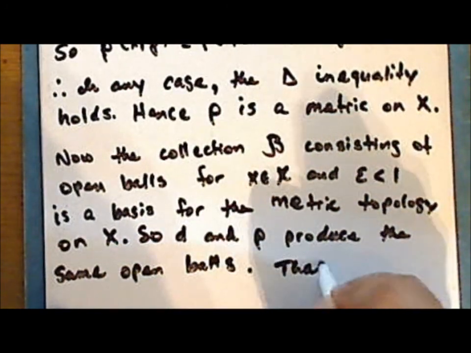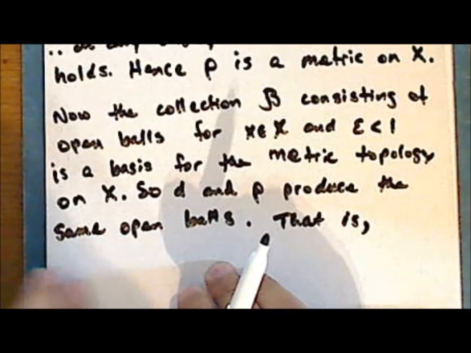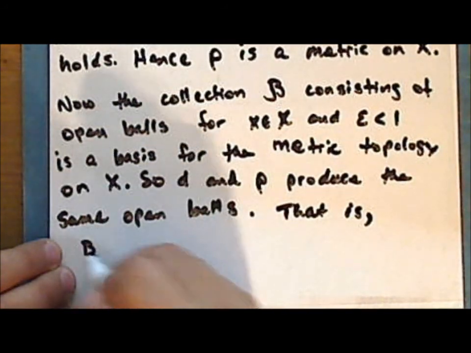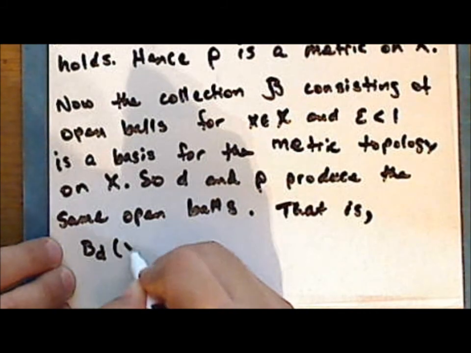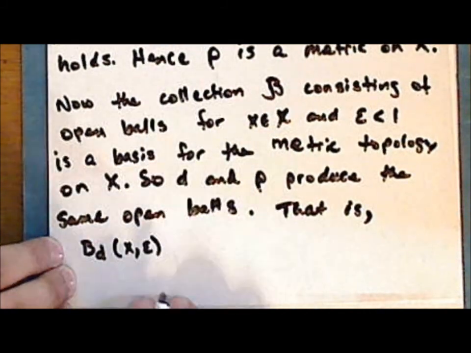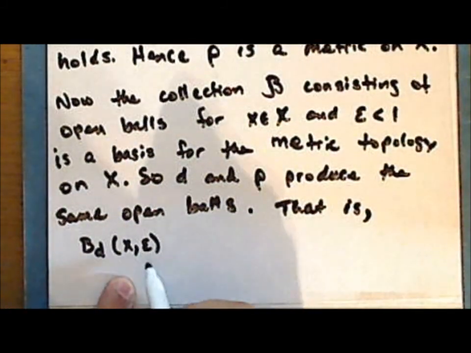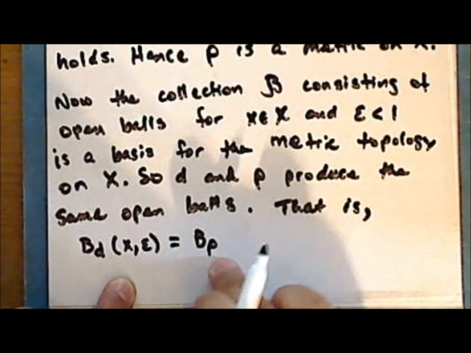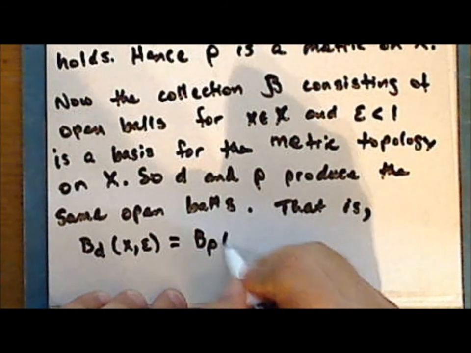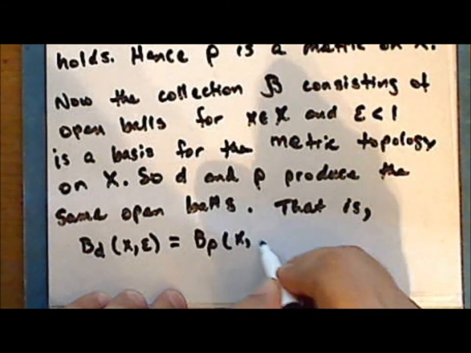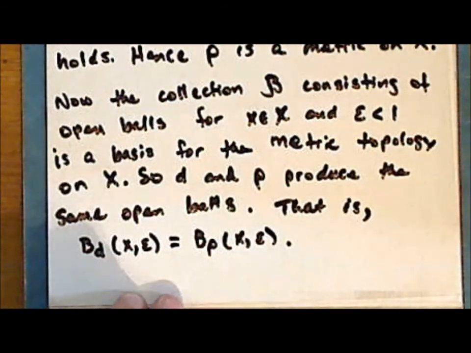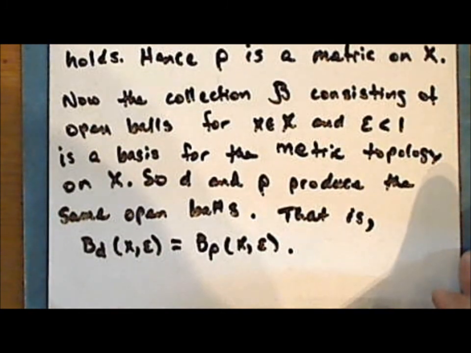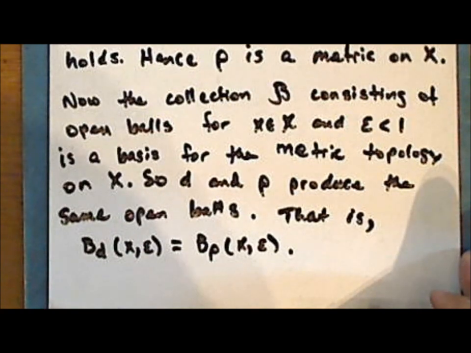That is, the open ball under the metric D centered on X and radius epsilon is exactly the same as the open ball under the metric rho centered at the point X with radius epsilon. So the two metrics produce or induce the same topology.